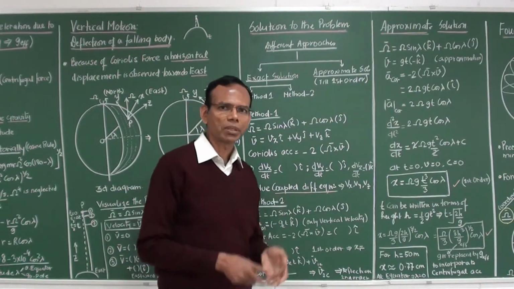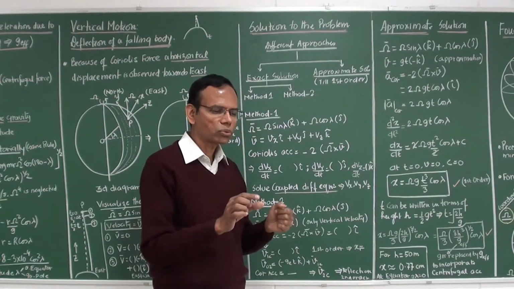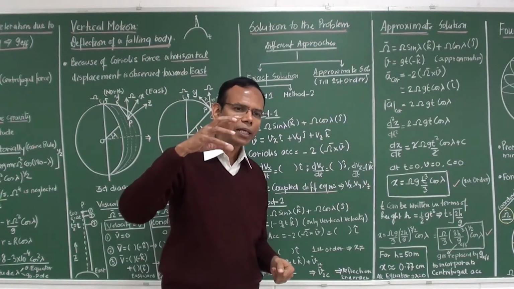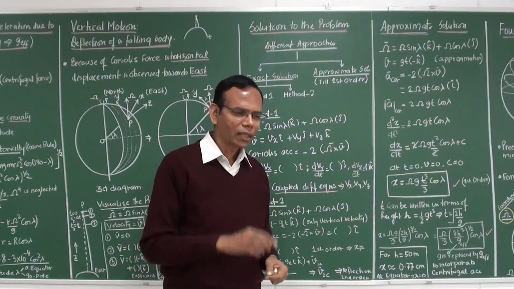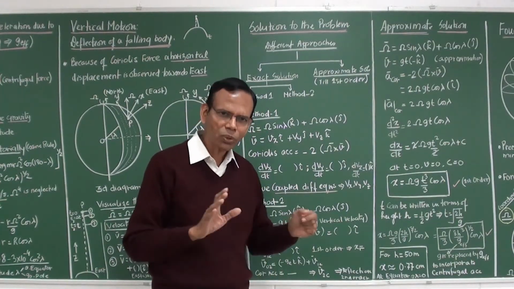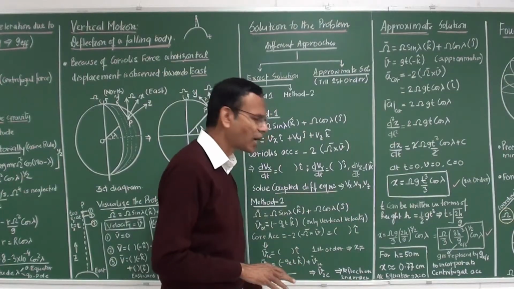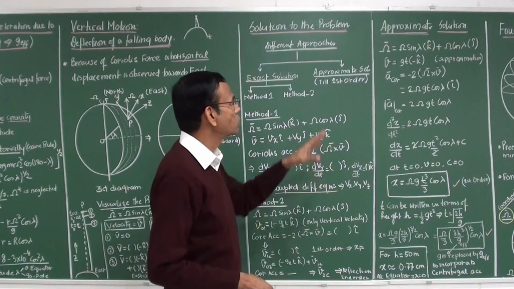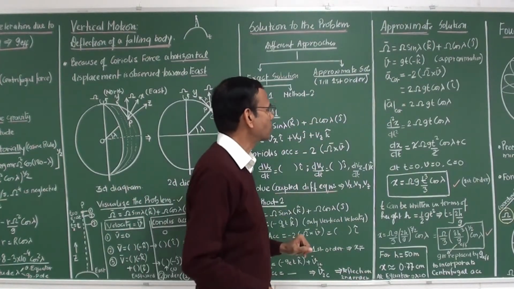Because we want the numbers. As an engineer, we want to see what the number is. Suppose a body is falling from a height of 50 meters. Then what will be the deflection at the ground in the east direction? That is what we are interested in. The rest, anyway, is mathematics, one can do it. But we want to get a feel of it. So let us see the approximate solution.